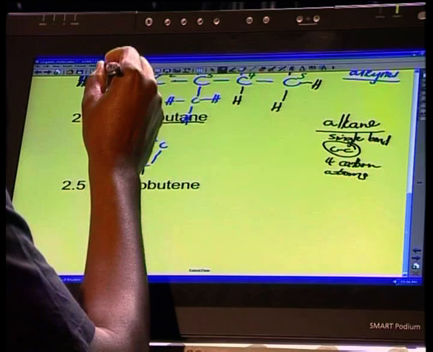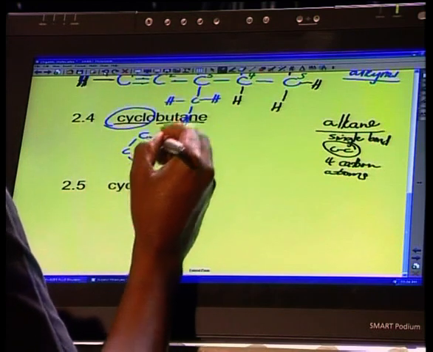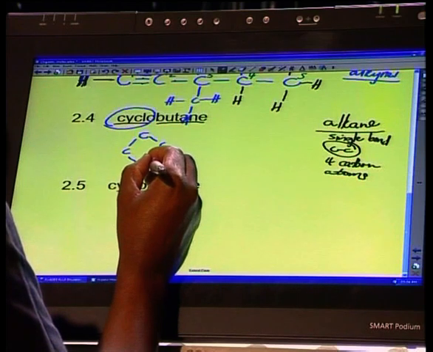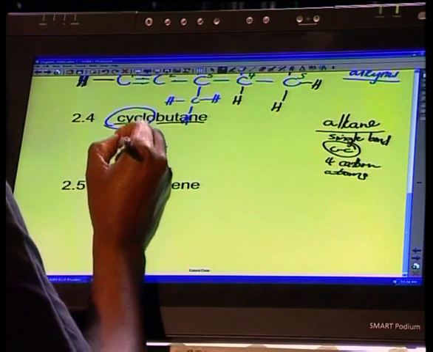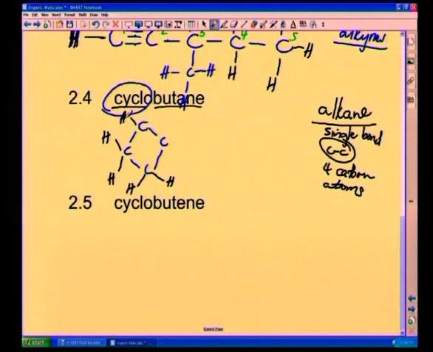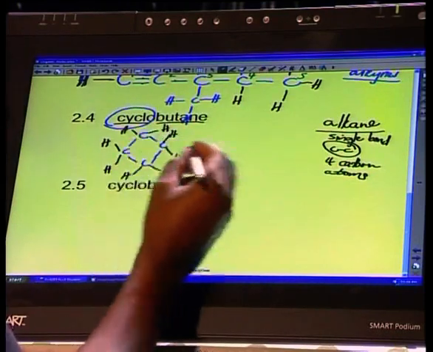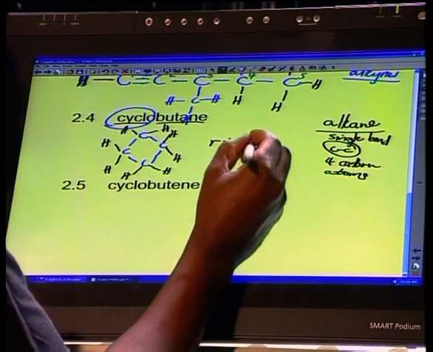If you have got your one hydrogen here for this one, you have another hydrogen there, hydrogen here, a hydrogen there, and then the same way, hydrogen there, hydrogen there. So you would see that onto each carbon atom, all that is attached to it is 2 hydrogen atoms, because the other 2 bonds are used to bond to another carbon atom. So you've got a ring. This is a ring molecule.